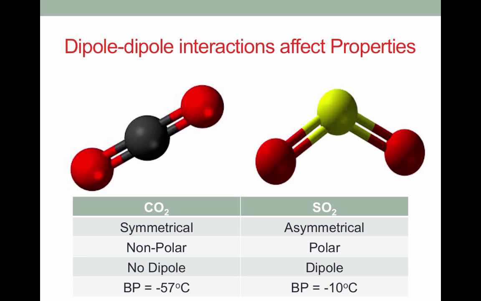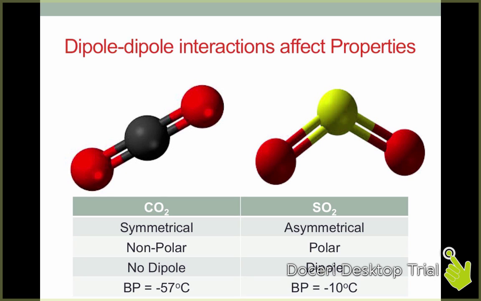Again, dipole-dipole interactions, like dispersion forces, affect properties. Notice these two molecules here, CO2 and SO2. If you draw out their Lewis structures and predict their shape, you'll see that CO2 is a linear molecule and SO2 is a bent molecule. Because CO2 is linear and has dipoles pointing equally in both directions, it does not exhibit an overall molecule dipole and is therefore nonpolar.